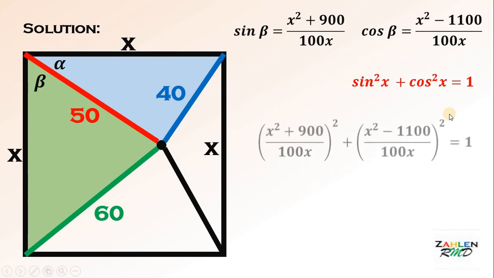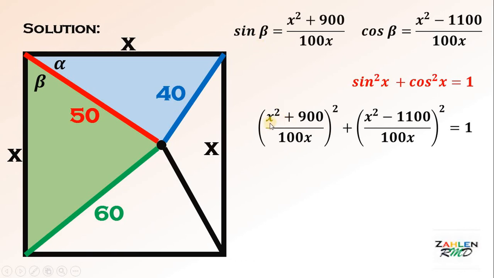Substitute all those values and we get, for sine of beta, x squared plus 900 all over 100x quantity squared, plus the value of cosine beta, x squared minus 1100 all over 100x raised to 2, equals 1. Now simplify this equation and if you get x raised to the 4th power minus 5200x squared plus 1,010,000 equals 0, then you are absolutely correct.